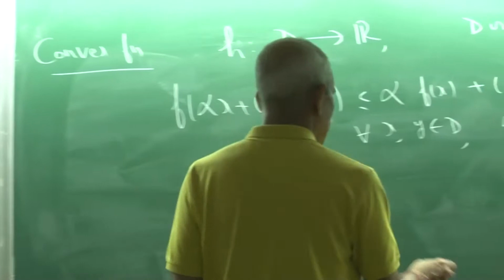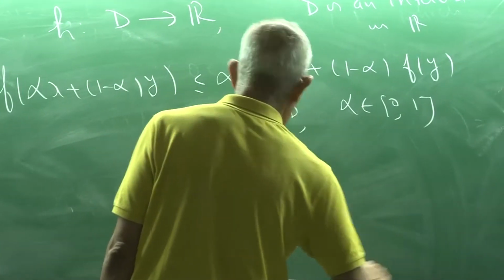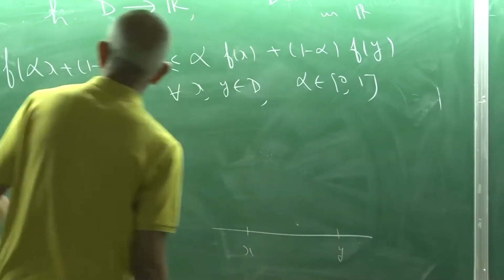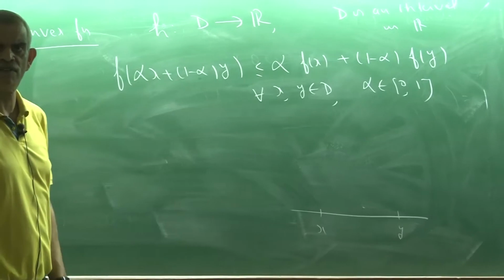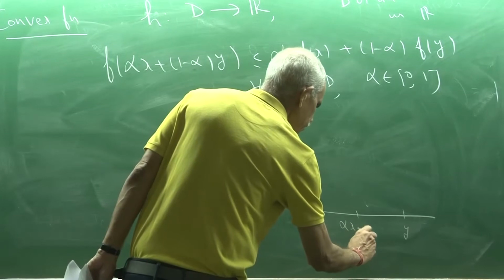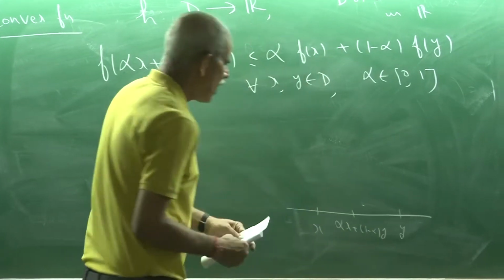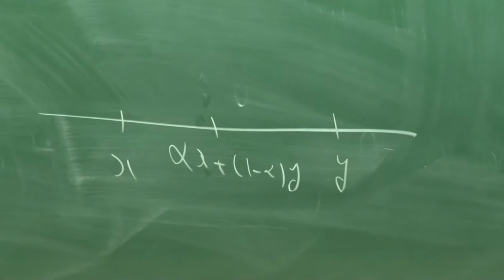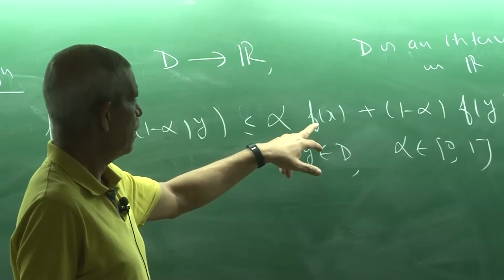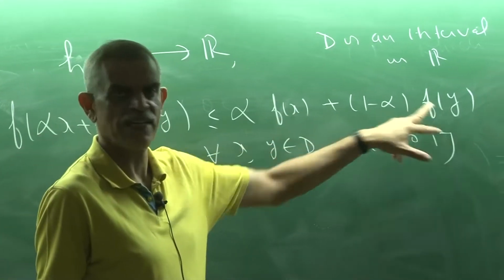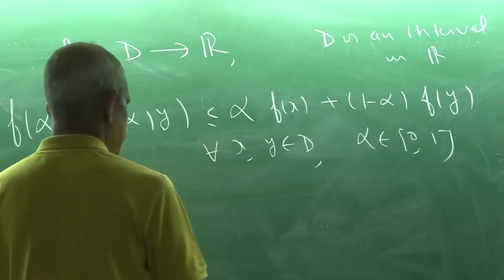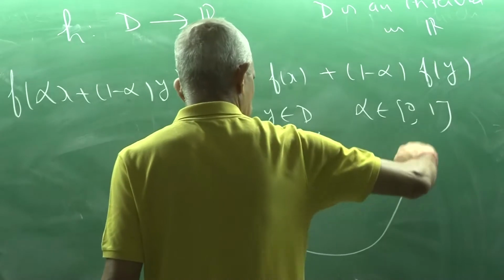Let's see what a convex function looks like geometrically. If x and y are points over here and alpha is between 0 and 1, then alpha x plus 1 minus alpha y is a mean of x and y, so it would be somewhere in between. It says the value of f at this point should be less than or equal to the chord joining f of x and f of y. The line joining f of x and f of y is a chord of the curve, so your curve should be like this.